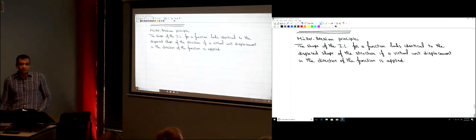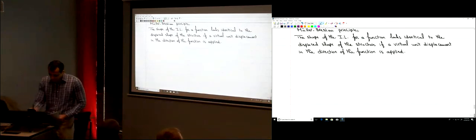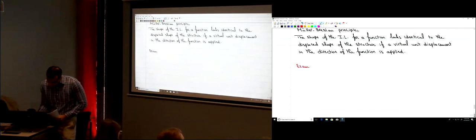That's the principle that we're going to use. It's a very, very nice principle that helps you draw the influence line for any function. Let's see some examples on using this principle.